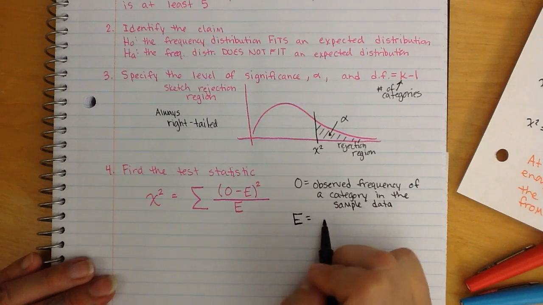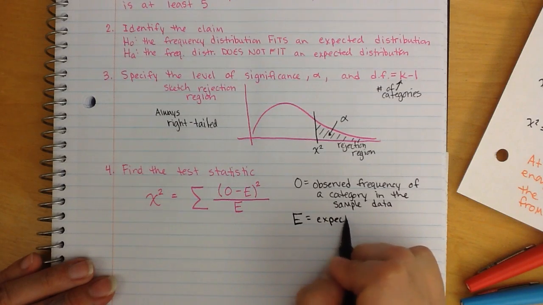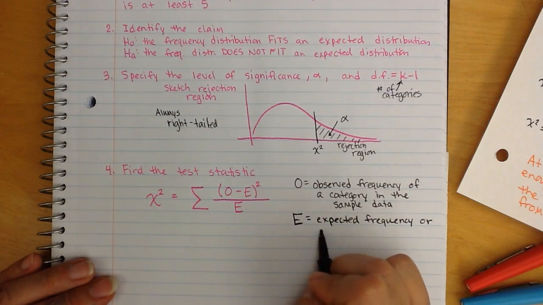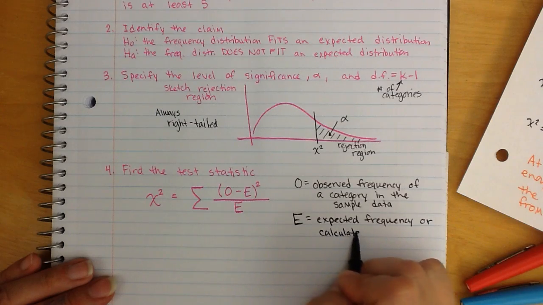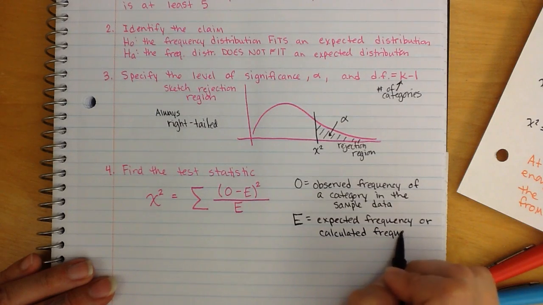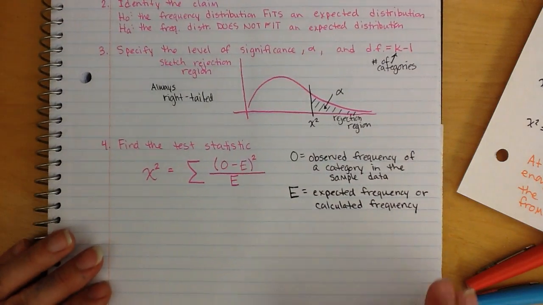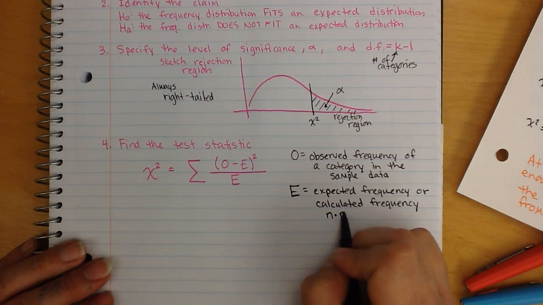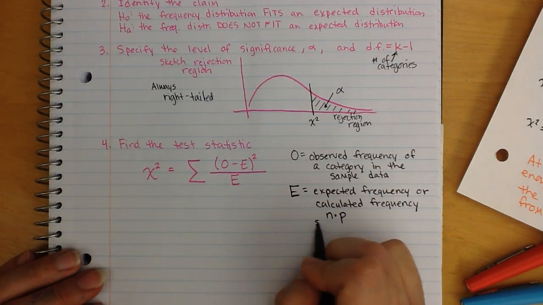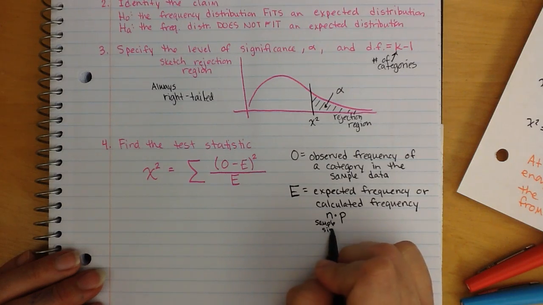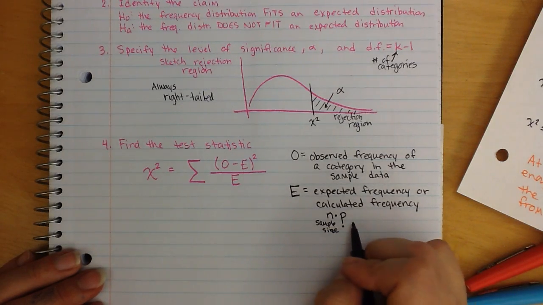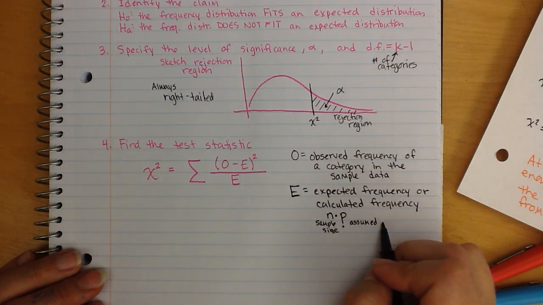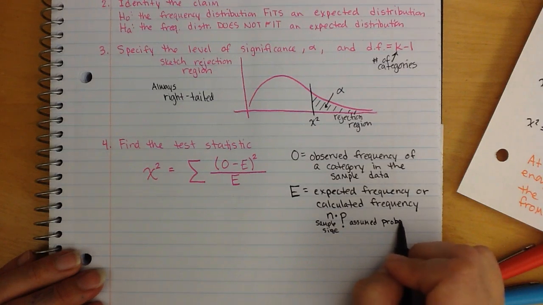E is the expected frequency or calculated frequency. If it's calculated, then the way you calculate it is by taking n times p. N is the sample size, and p is the assumed probability of the category.